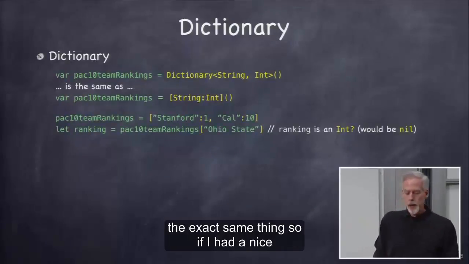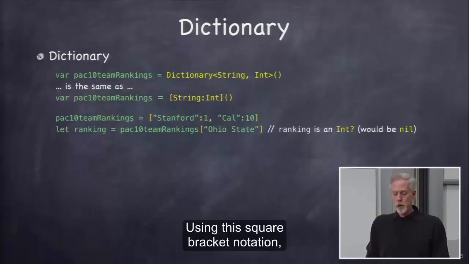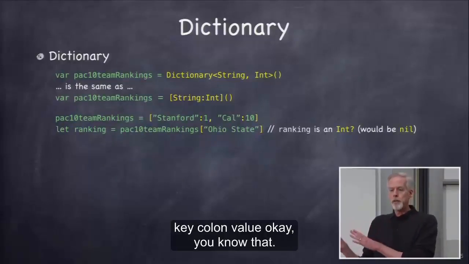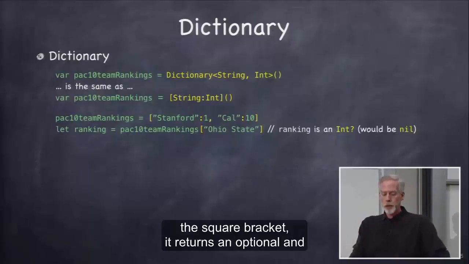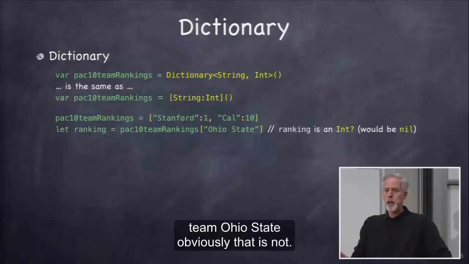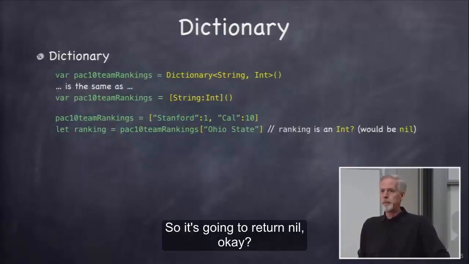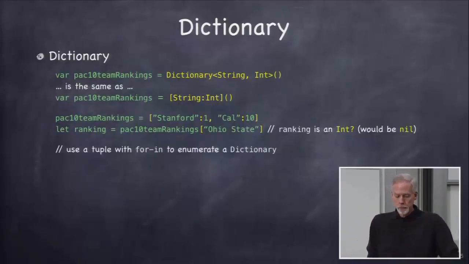So if I had a nice dictionary here, I can create a dictionary using this square bracket notation, which is just square bracket, key colon value, comma, key colon value. Okay, you know that. And you also know that if I access a dictionary with the square brackets, it returns an optional. And that's because, for example, here, I'm looking up Pac-10 team Ohio State. Obviously, that is not a Pac-10 team, so it's not in the dictionary, so it's going to return nil. Okay, so that's why when you access a dictionary, it comes back as an optional.